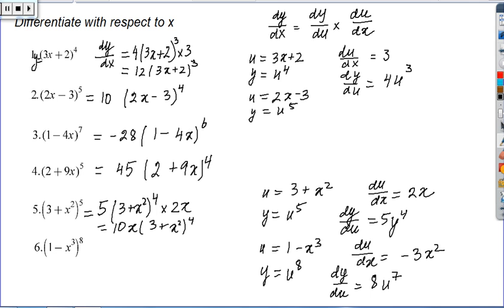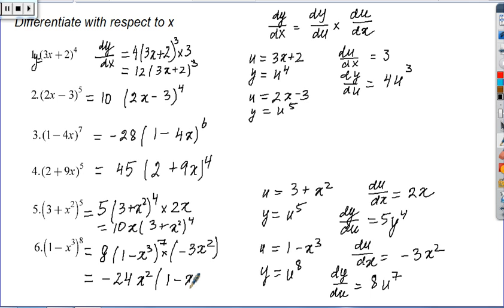So now, collecting all pieces together, we have dy by du is 8u^7, so 8(1-x^3)^7, times du by dx, which is minus 3x squared. Never ever rush. Do everything slowly, carefully. Okay, and now tidy up: 8 times minus 3 is minus 24, x squared times (1-x^3)^7.